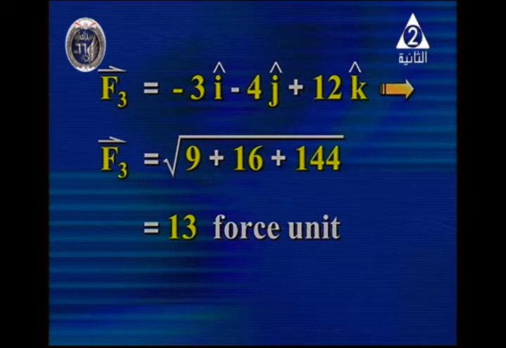Then what is the norm of this vector? The norm is the square root of the first component squared plus the second component squared plus the third component squared, to find the value of the third force F3, which equals 13 force unit.